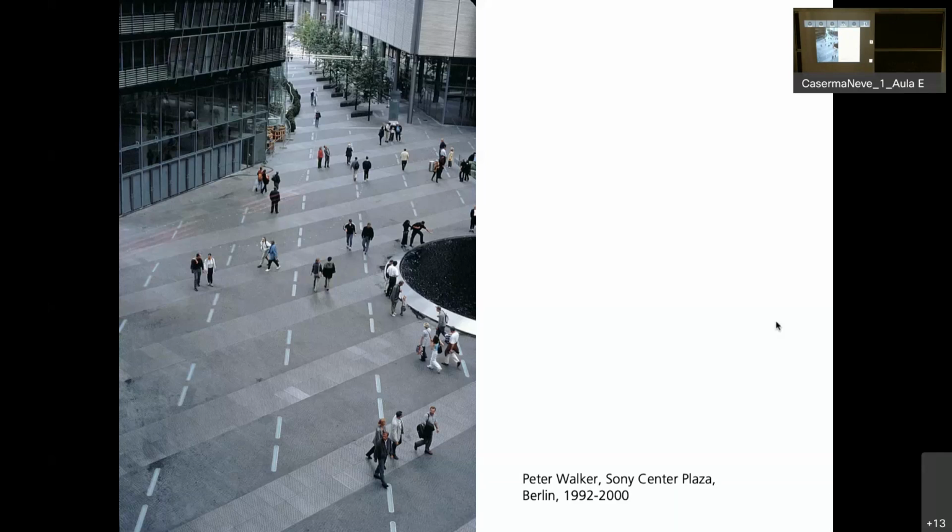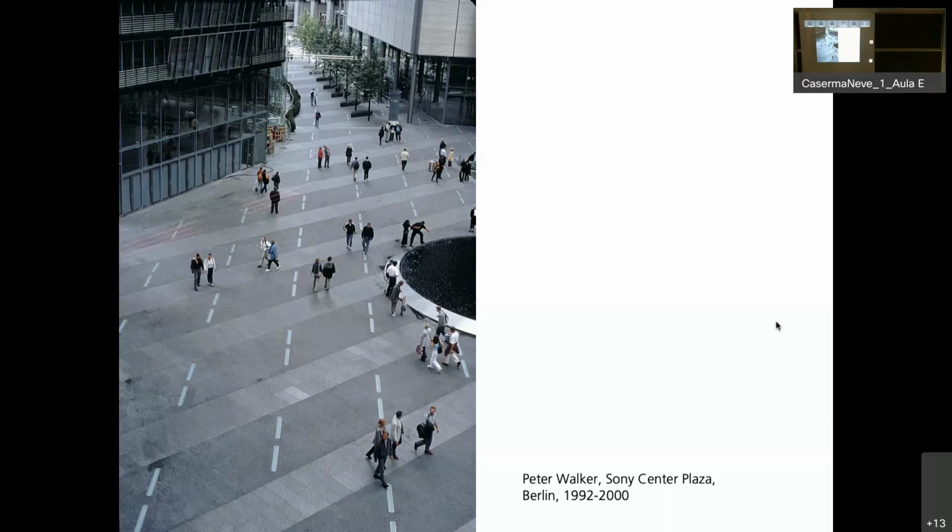So he brought together with other landscape architects, and especially with Martha Schwartz, who has been, I guess, also his associate for a while, I think so, some of the instruments of minimalist art into the everyday practice of landscape architecture, dealing with a lot of public spaces in not only American but also European urban spaces.